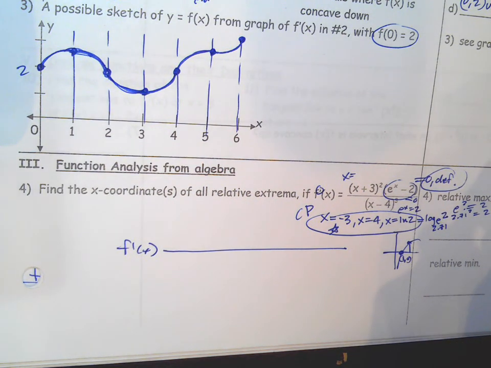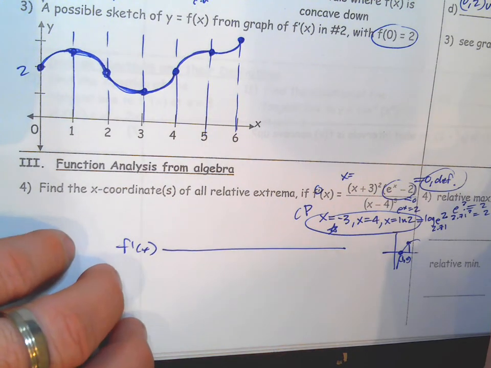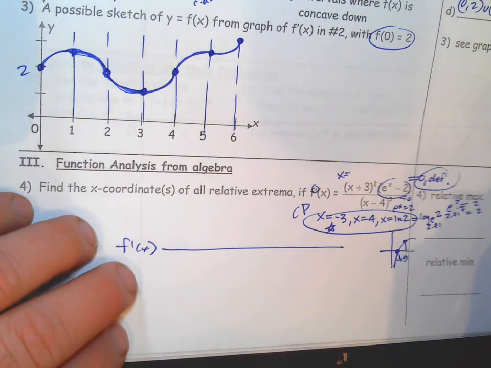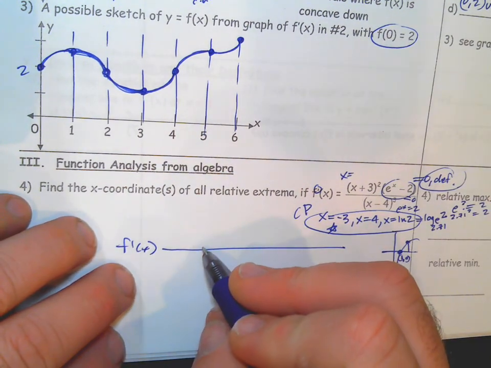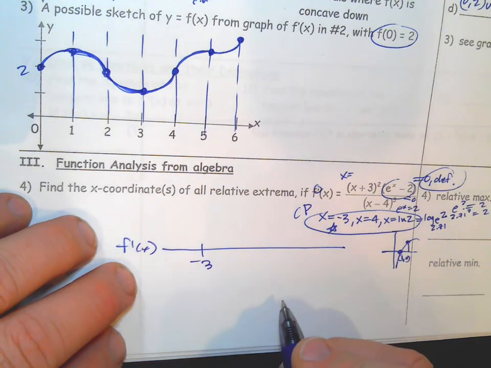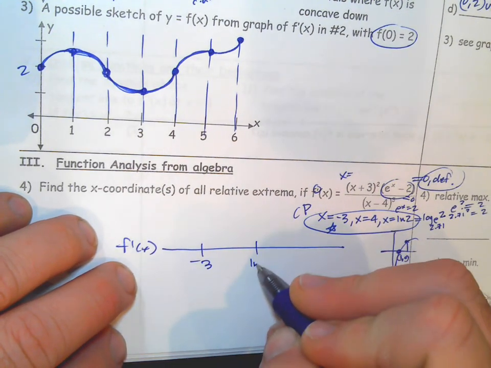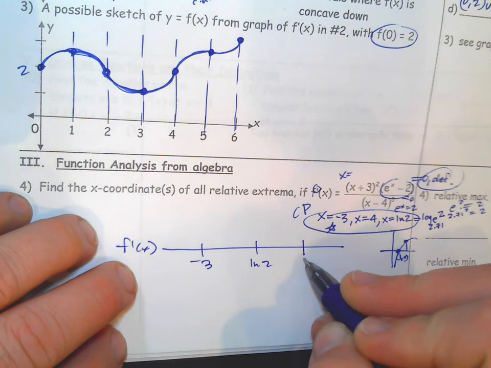Well, it's for sure smaller than 4. Okay, so we have -3, and then the natural log of 2, and then 4.